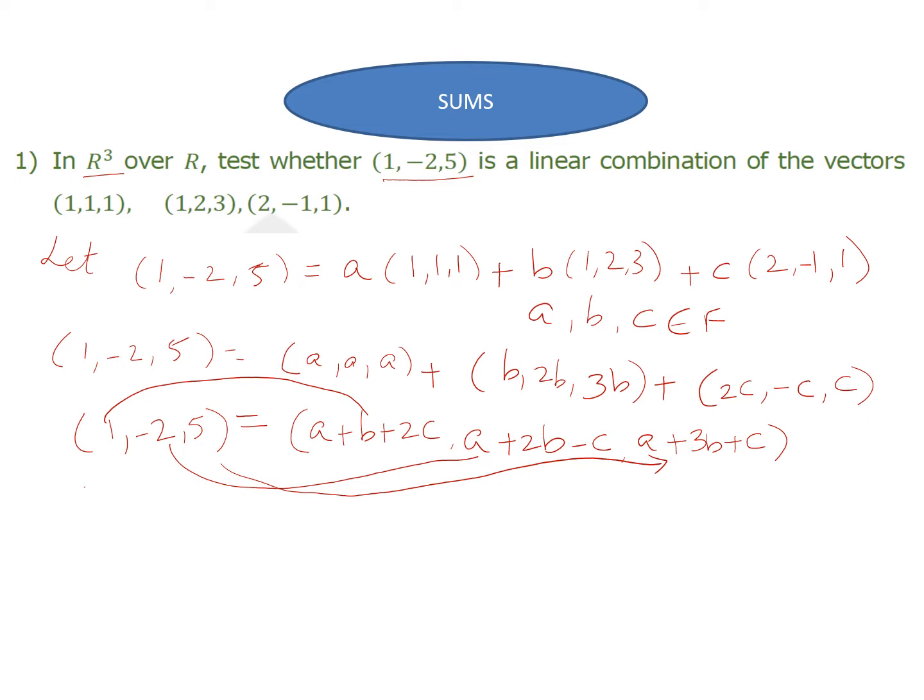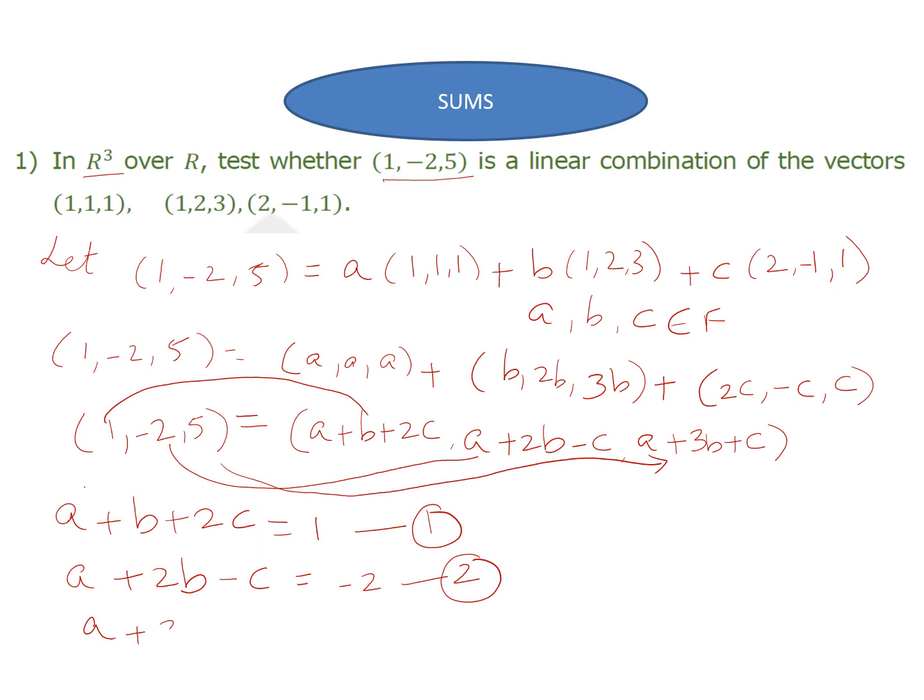So I get three different equations: A plus B plus 2C equals 1, let me call it the first equation; A plus 2B minus C equals -2; and then A plus 3B plus C equals 5.